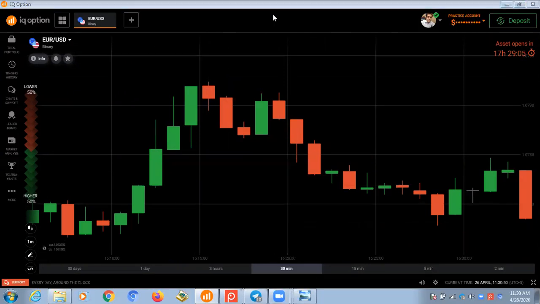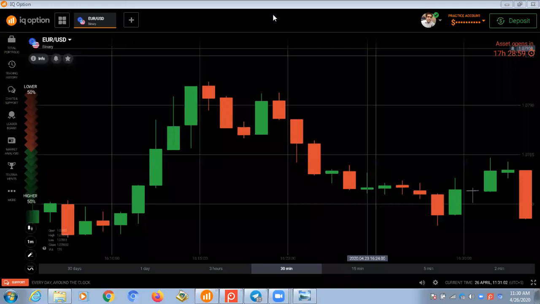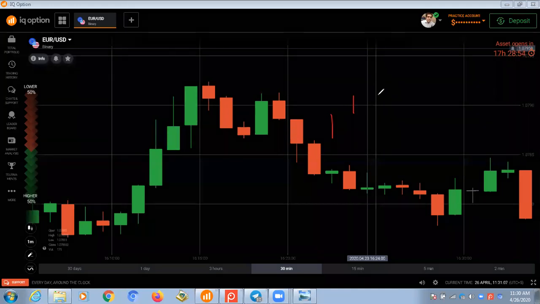The fractal only gives us a signal in combination when there are 5 candles like this, and the middle candle is a higher high, like that, so the fractal can appear here.